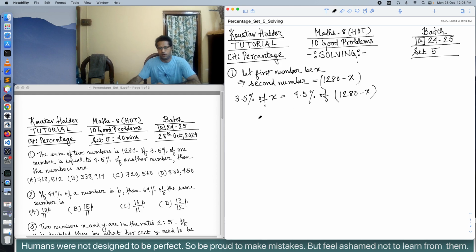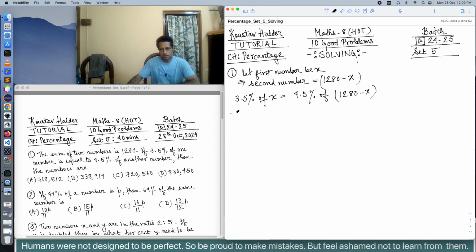We don't know whether x will be larger or 1280 minus x will be larger. We are assuming that x is larger. So we must have 3.5% of x equal to 4.5% of the other number, which is 1280 minus x.